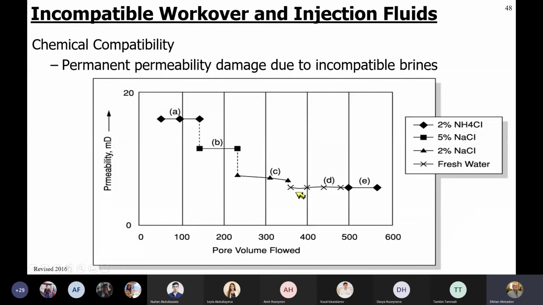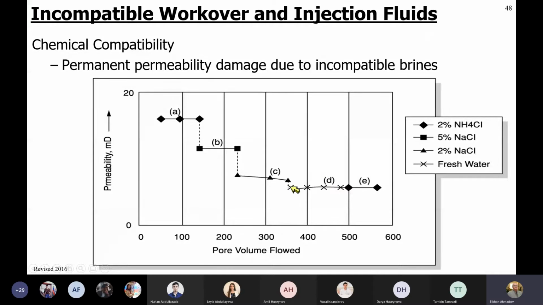And even if we inject after that a fluid that doesn't affect the permeability, the permeability reduction or damage caused by those earlier fluids is still there, and we have the same permeability as after the injection of those fluids.